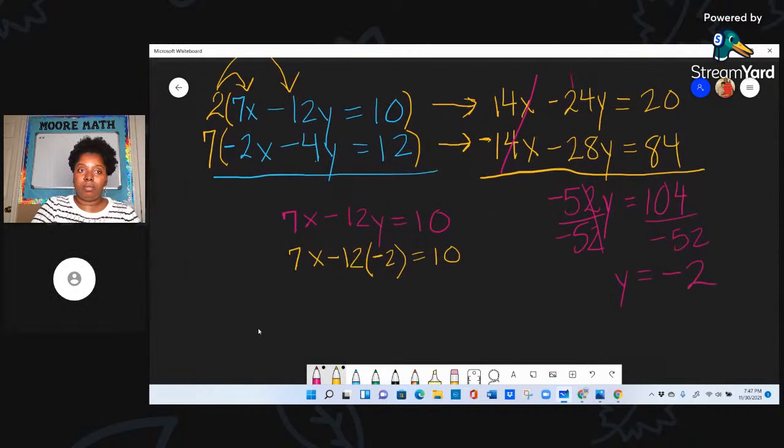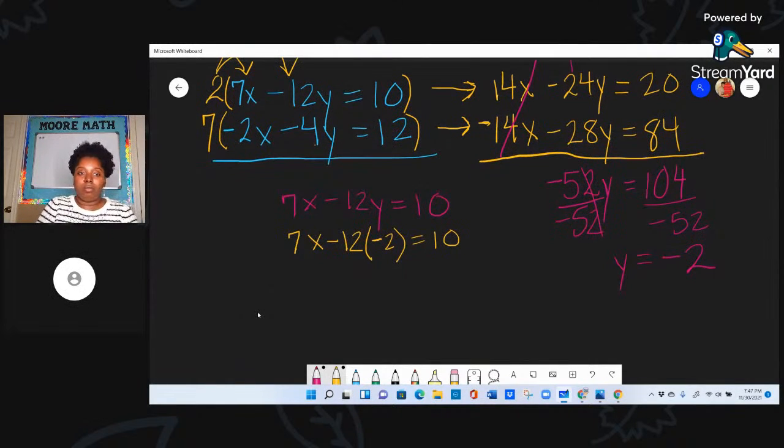7x minus negative 24 equals 10. Okay, you're almost right. So negative 12 times negative 2. Oh, 24.